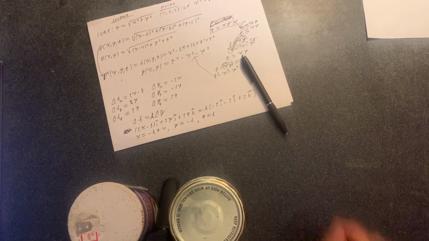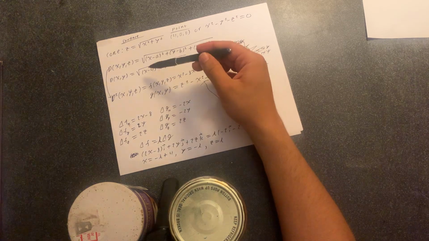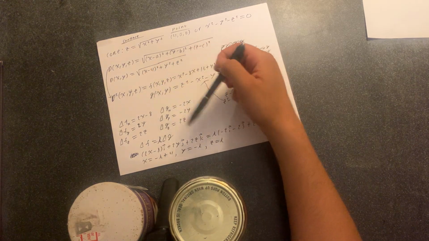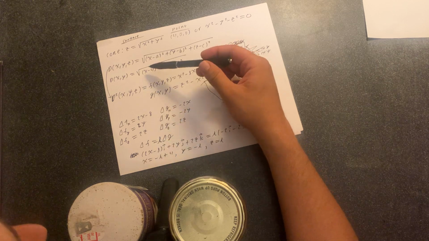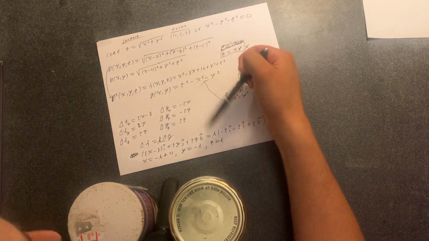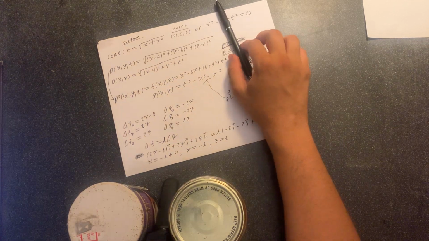All right, and that kind of follows these. If you notice here, this follows this. So x minus 4 is lambda. We just turned these into lambdas. Okay.